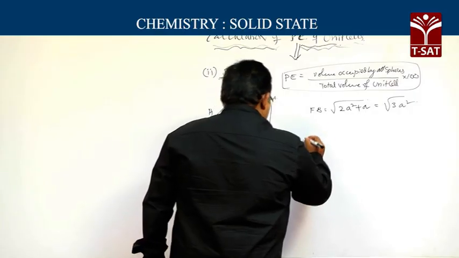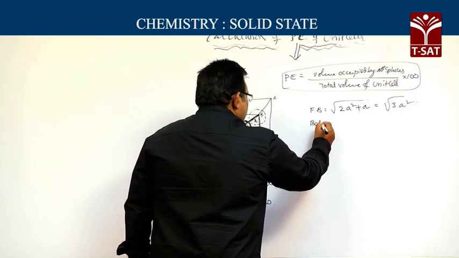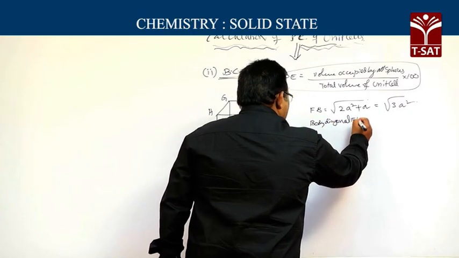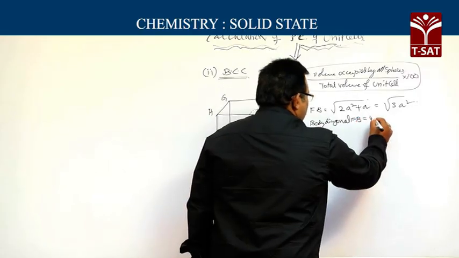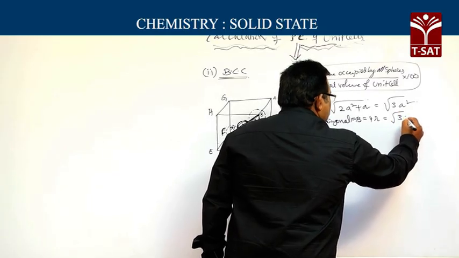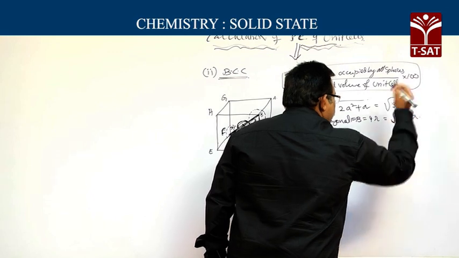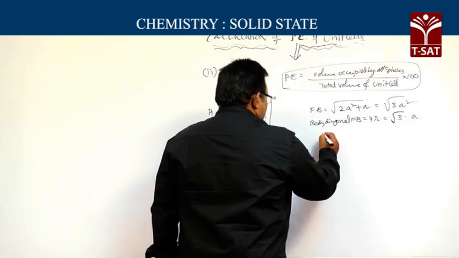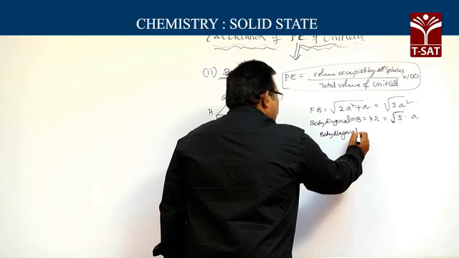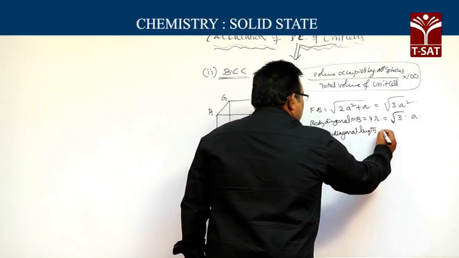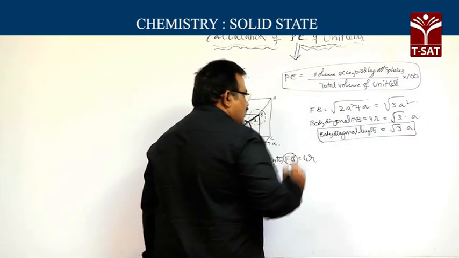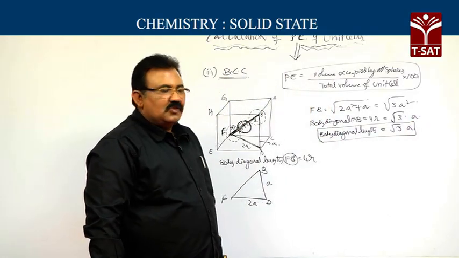Therefore, body diagonal FB is equal to 4r, that is equal to root 3 into a. So, remember that body diagonal length is equal to root 3 into a. This formula is very useful in calculating numerical problems.